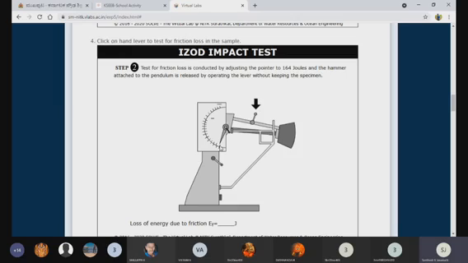Suppose you are applying 164 joules. As per the procedure and the type of material, we need to apply 164 joules over the machine.